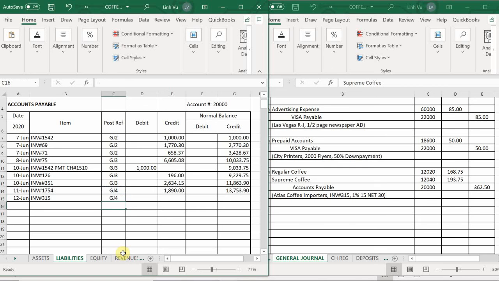Once again, we are still on General Journal page 4, and this time we owe a grand total of $362.50, which brings my new total to $14,116.40. Not looking too good. We just keep creating more and more liabilities, and we're owing even more money.